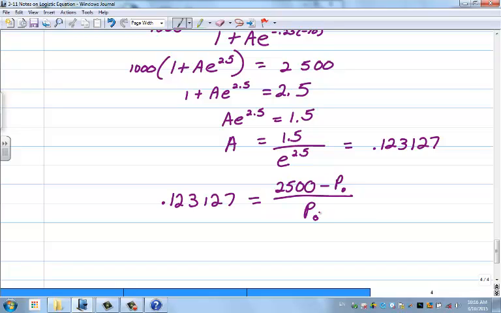So now we can solve for our population at time 0.